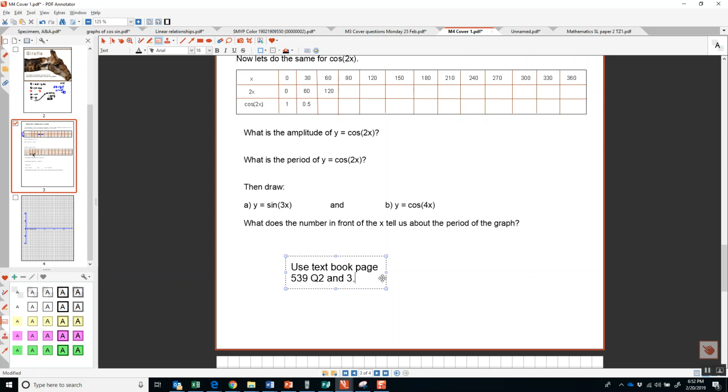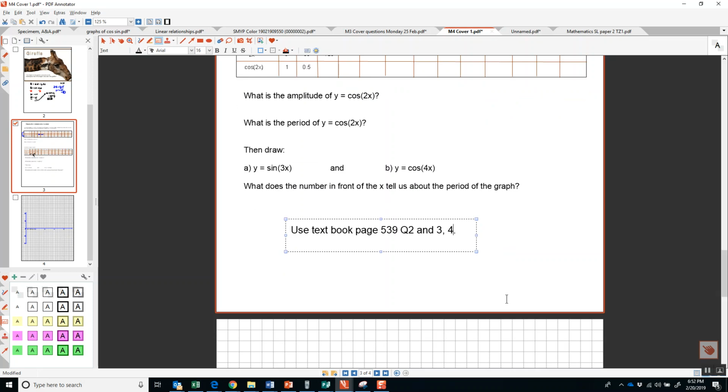That should take you quite a bit of time drawing those, getting them neat, and checking them on Desmos and answering these questions. You could also have a go at question 4 on the next page as well, if you get those done. Okay, so good luck with that, and if you've got any questions, feel free to drop me an email.